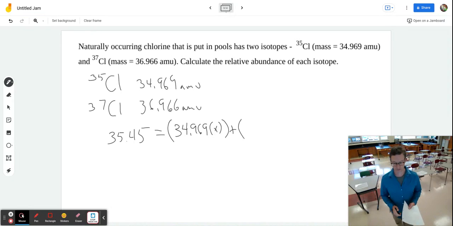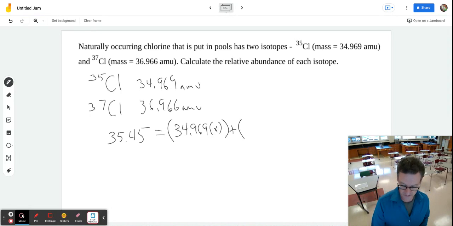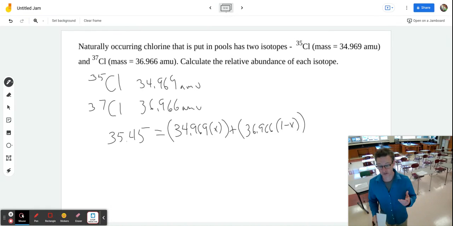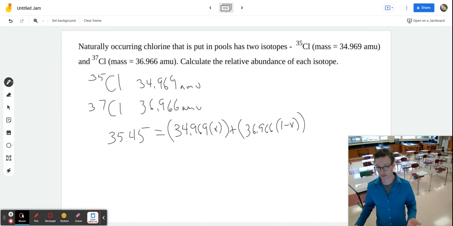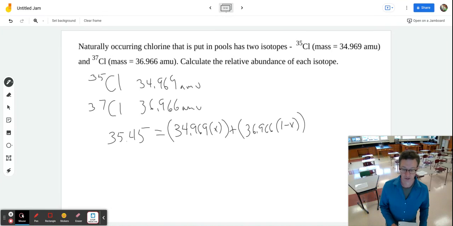I don't know it, so I'm going to use the variable X, plus 36.966 times 1 minus X. Since there's only 2 isotopes, those 2 isotopes have to be 100%, or 1. Again, if we're using decimals, it's 1.00. So whatever percentage we get for the first one, the second one is the difference between that and 100%, because together they have to add up to 100%.